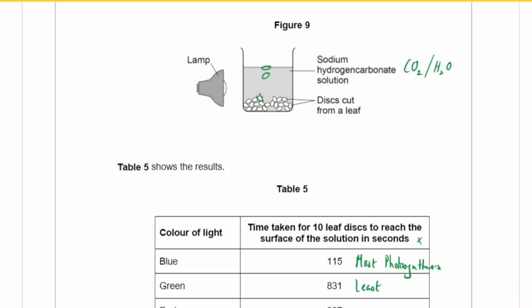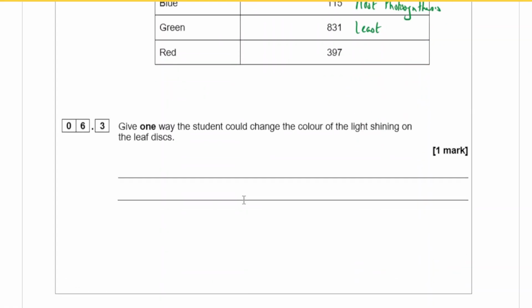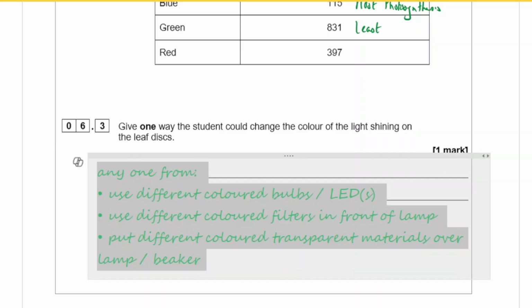So let's say you want a green color filter. So you would place a green filter in front of the lamp, so it actually shines green light. So there's a couple of different answers.